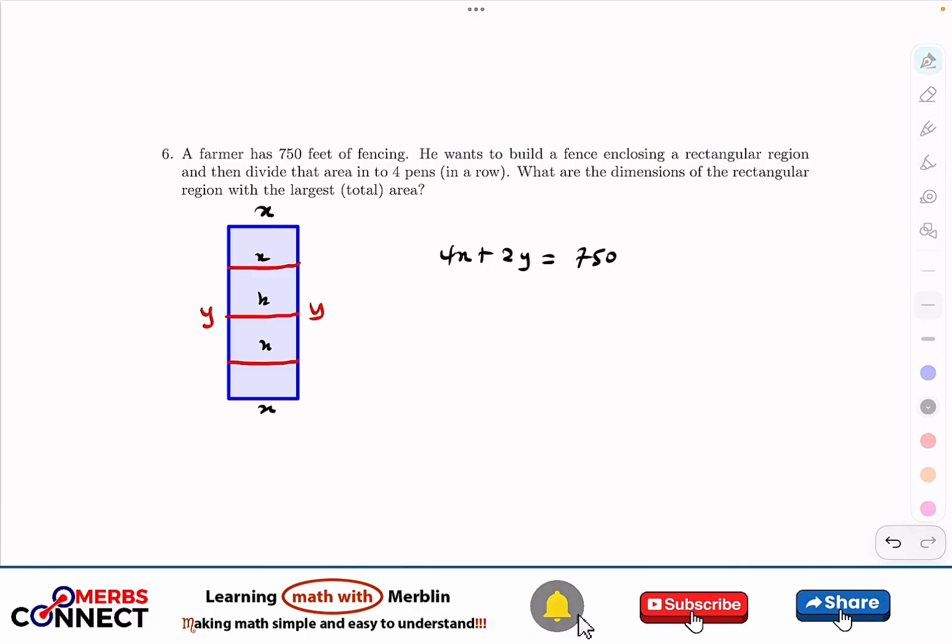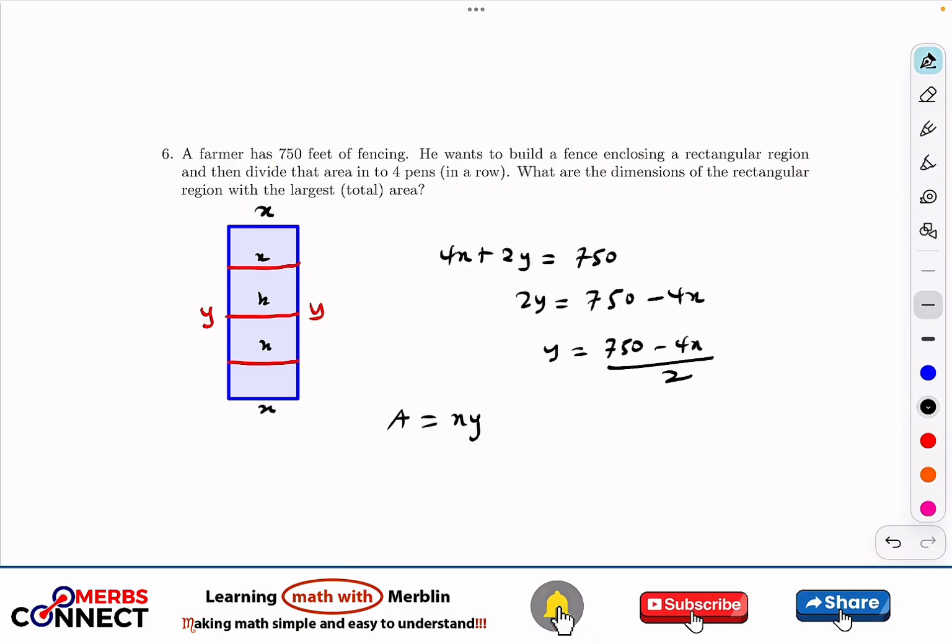So what is the area of a rectangle? Area of a rectangle is equal to xy. So here we can make one of them the subject and we just plug it in. So let's make y the subject here. 2y is equal to 750 minus 4x, and then y will be equal to 750 minus 4x divided by 2.